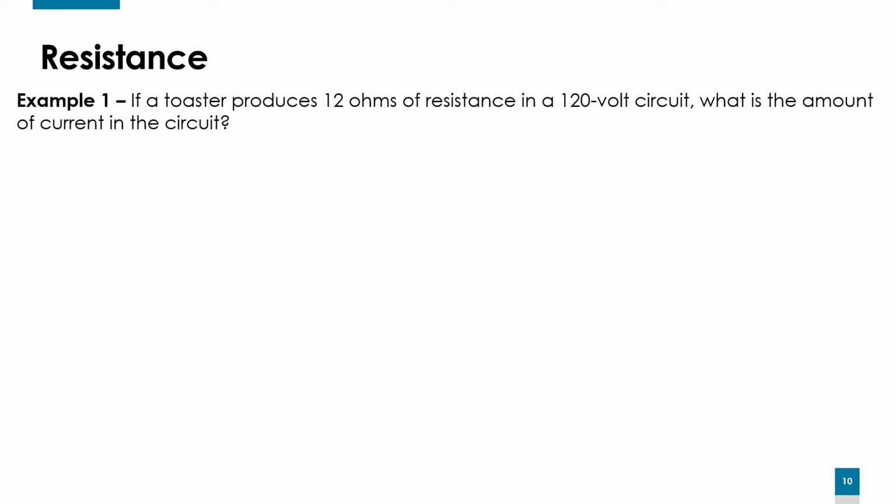Example 1. If a toaster produces 12 ohms of resistance in a 120-volt circuit, what's the amount of current in the circuit? So let's read, and after we read one time, let's underline our main information.